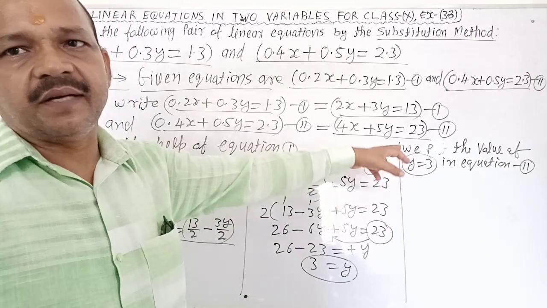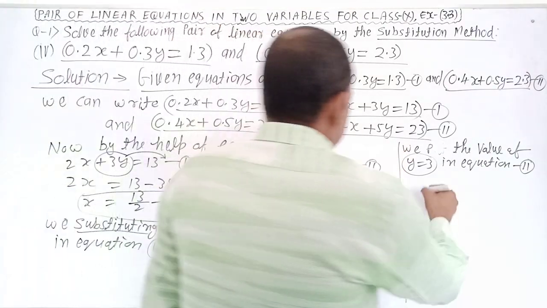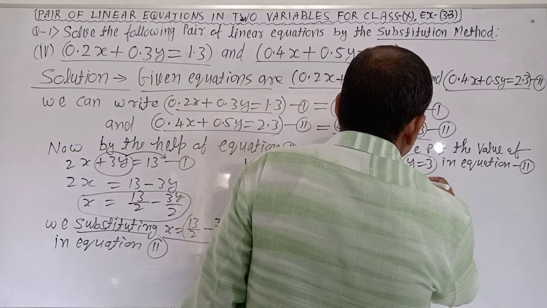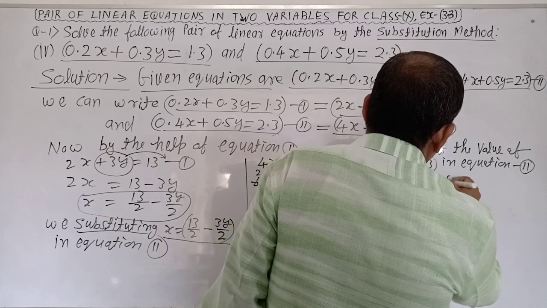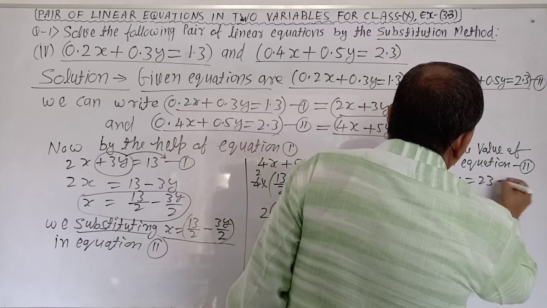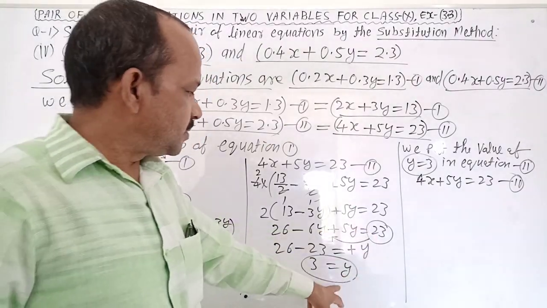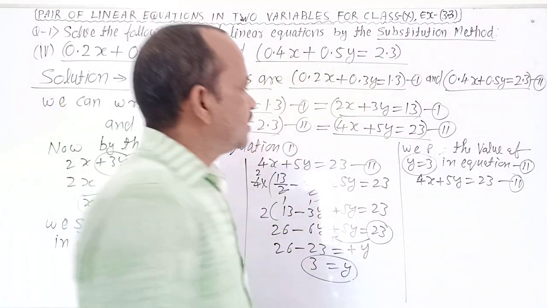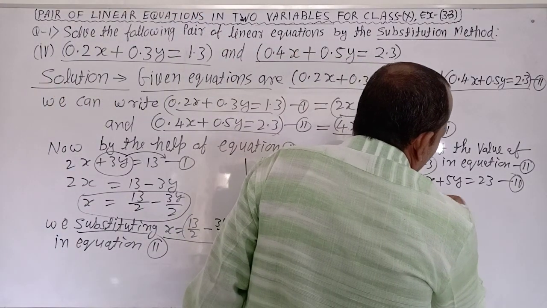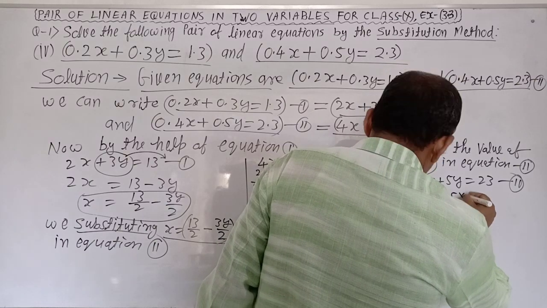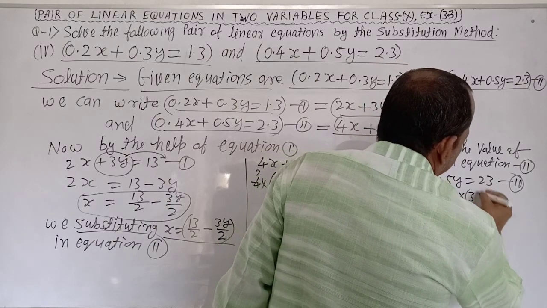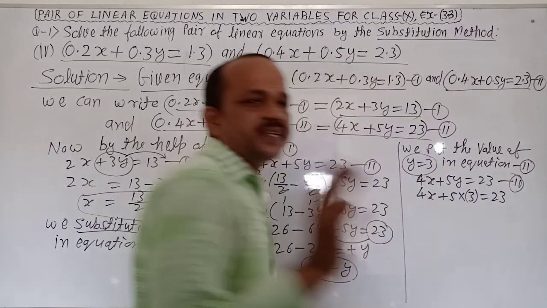In equation second. Clear? Equation second is 4x plus 5y equal to 23. It is equation second. You put y equal to 3. It becomes 4x plus 5 multiply 3 equal to 23.